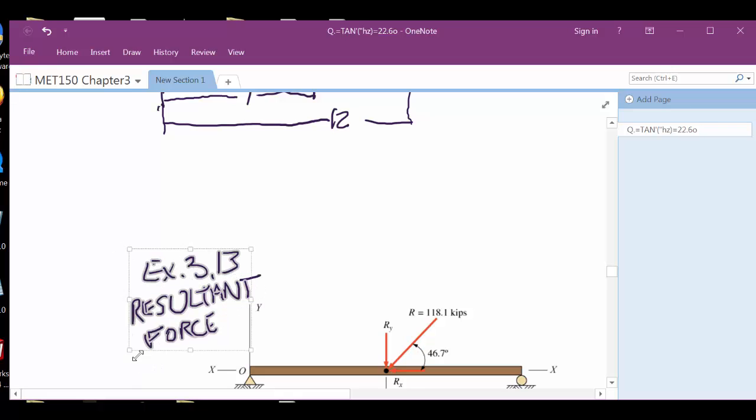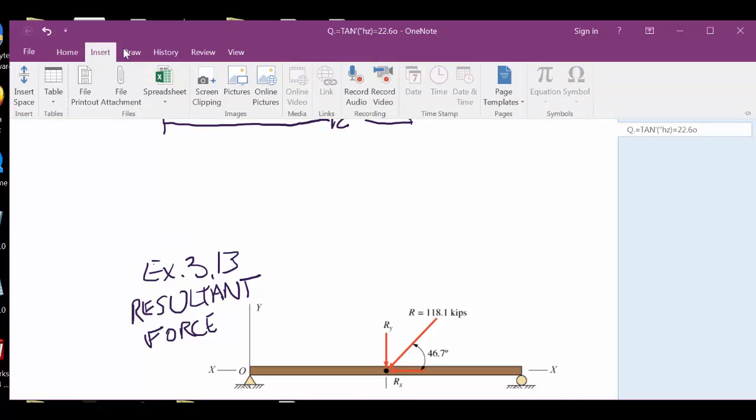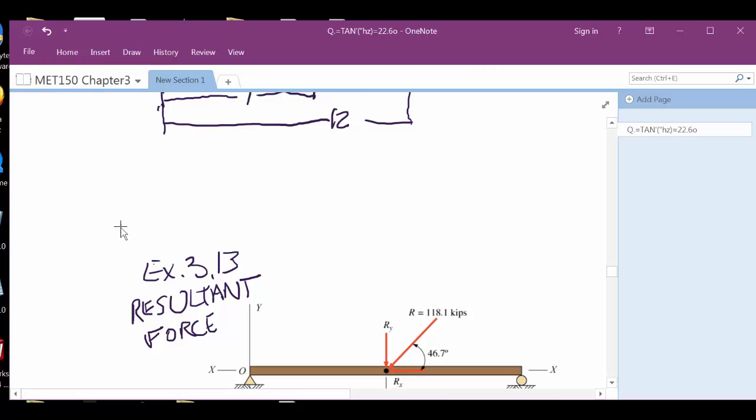What do I need to do? Hit escape? There should be a way you can get a moving thing, a little arrow set. Well, it's right there. Not that one, the other one. That one. There.